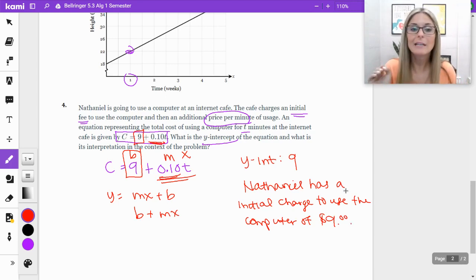Technically, according to this formula, this function, if he used it for 0 minutes, he's still going to pay $9 to hold the computer for 0 minutes. So $9 to rent the computer at the internet cafe, and then 10 cents per minute from there. So the y-intercept would be 9, and then it would have a slope of 10 cents. And so his initial charge, $9.